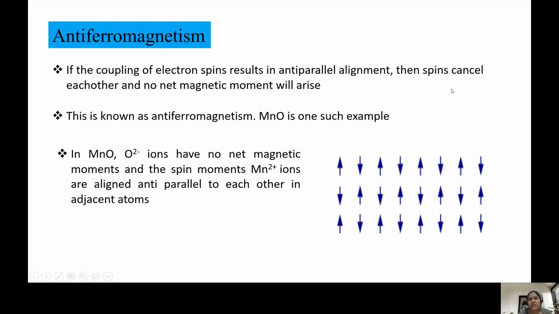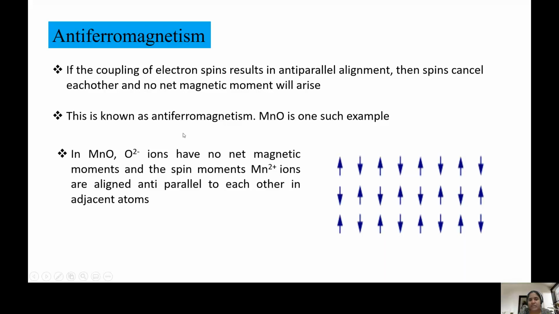Due to that, the spins cancel each other, and there is cancellation of the magnetic moment between the parallel and anti-parallel spins, so no net magnetic moment will arise.